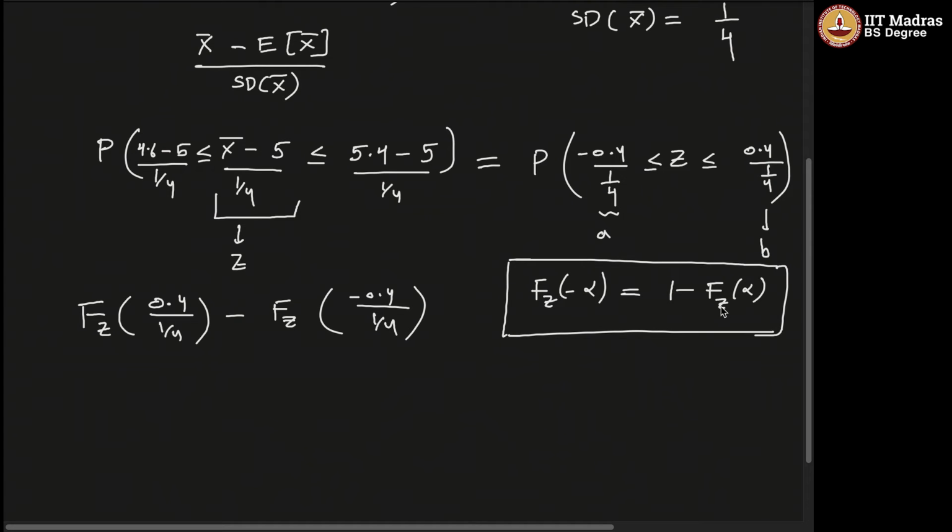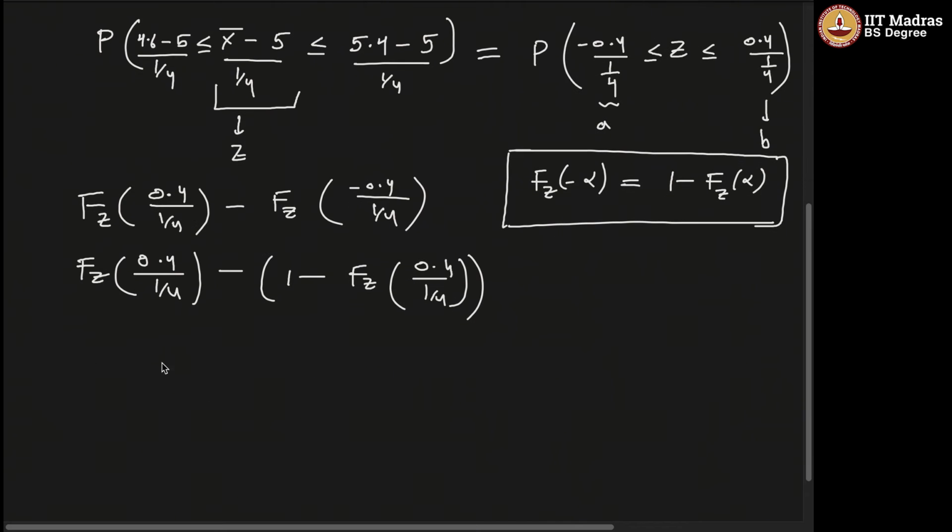So why this is true, you can go look at this. This is really very simple. You can just simply find it from the plot of a normal distribution. Okay, so we can change it as fz of 0.4 by 1 by 4 minus 1 minus fz of 0.4 by 1 by 4.